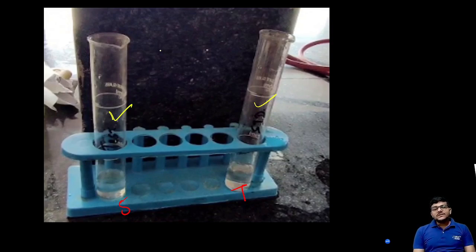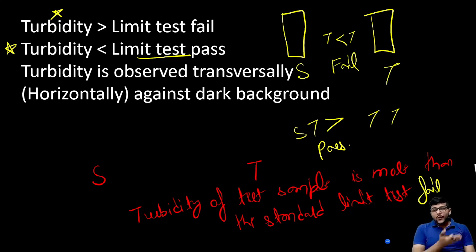You can see this marble is dark in color, a dark background, and I am looking horizontally. This is the standard and this is the test, and I am using a dark background.